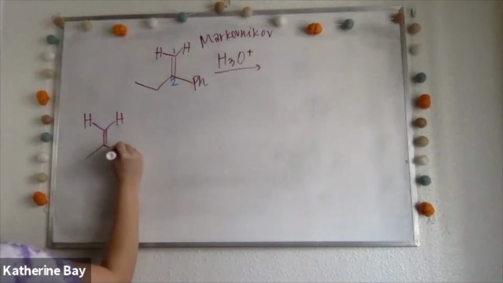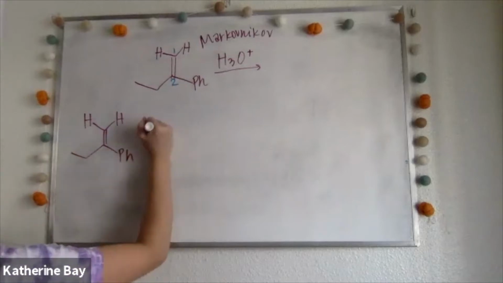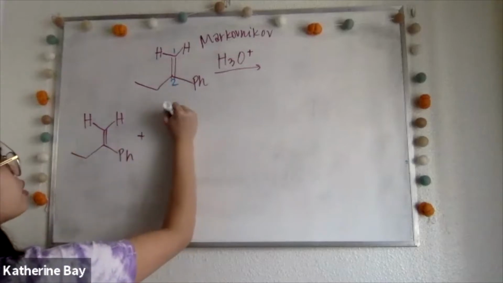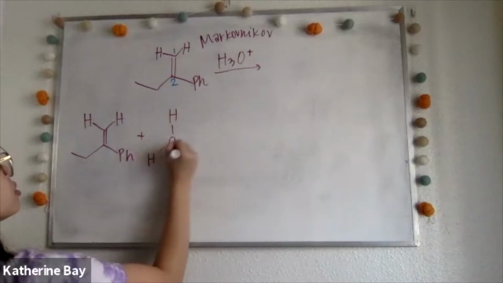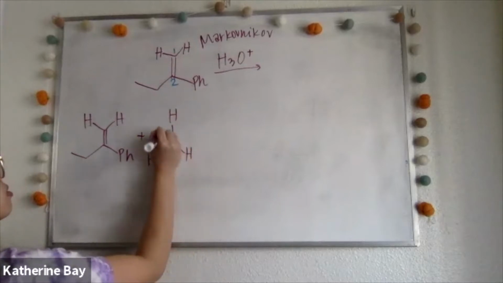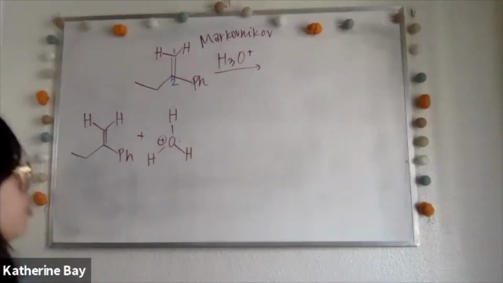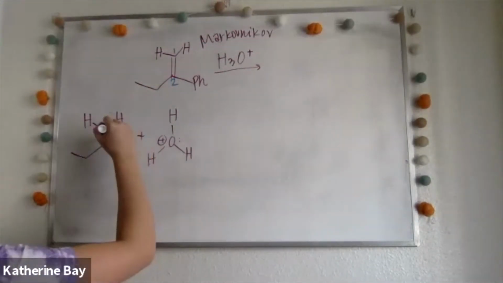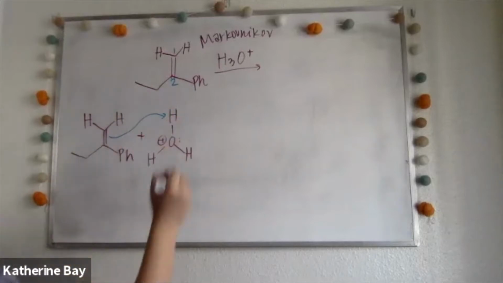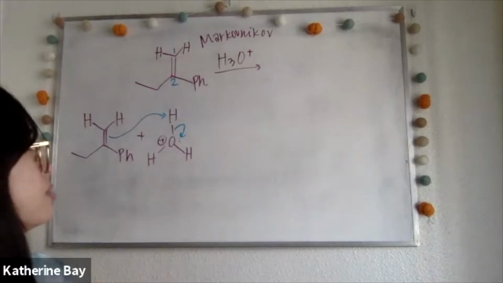the alkene here, just for more space, as well as the structure of H3O+. So the arrow that we're going to draw starts from the middle of the pi bond of the alkene, and it's going to grab one of the hydrogens, and the bond will form a lone pair on oxygen.